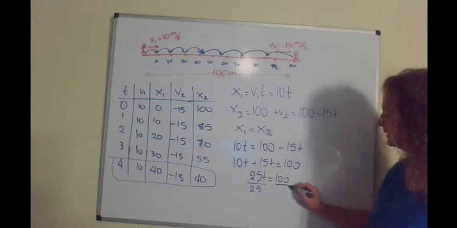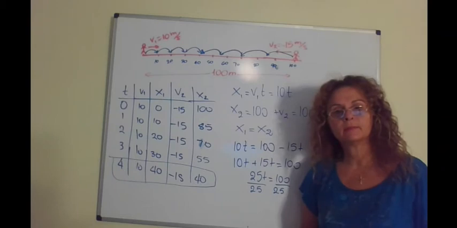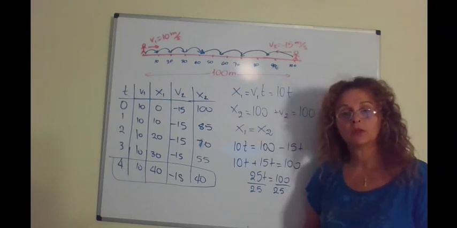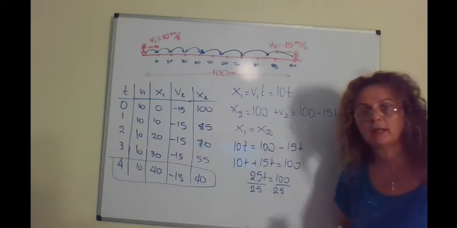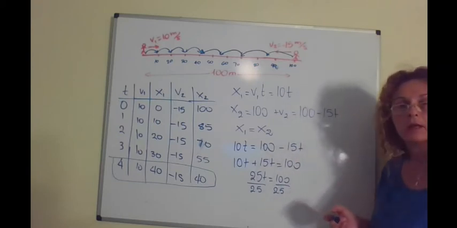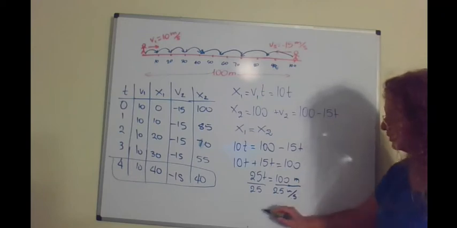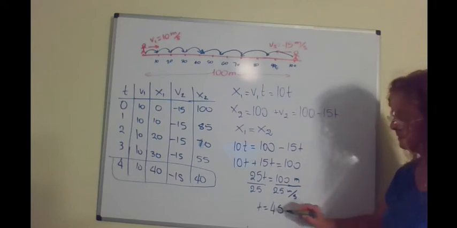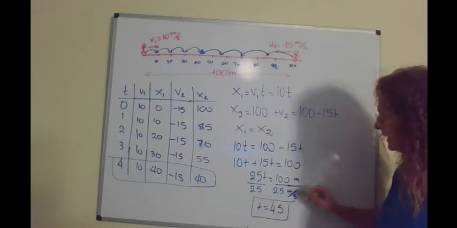And I didn't use the units just because I wanted to make it simple here, right? Now, if I had used the units, I would find here meters and here meters per second. So the time would be 4 seconds, right? So I did find the same time.